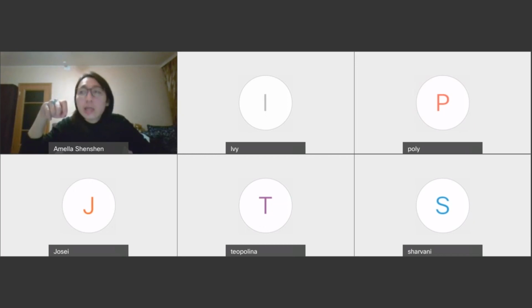Achalasia, yes, achalasia. The problem is still also in the lower esophageal sphincter, but the problem is not relaxation of the sphincter.